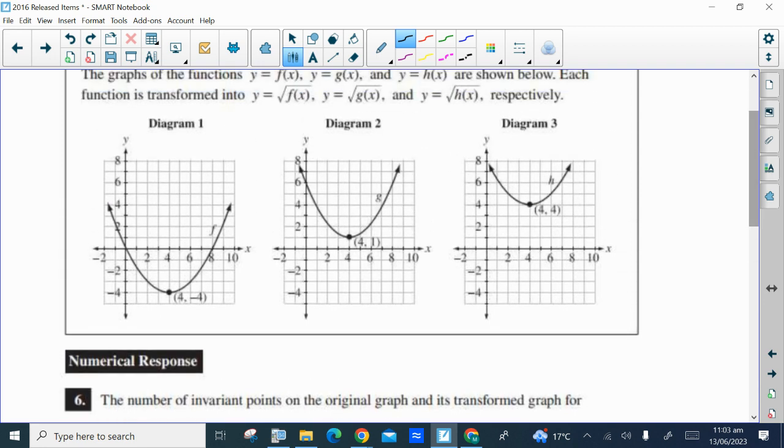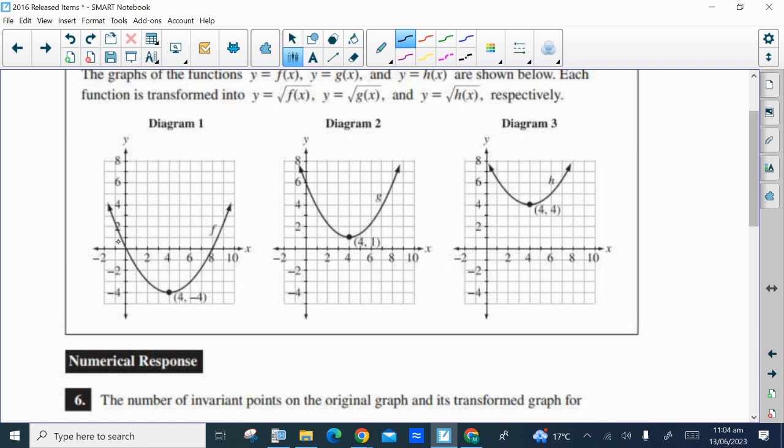How many invariant points are there? Remember that when you go from a function to the square root of a function, the invariant points occur where y equals 0 and y equals 1. You're taking the square root of the y values. The square root of 0 is still 0. The square root of 1 is still 1.